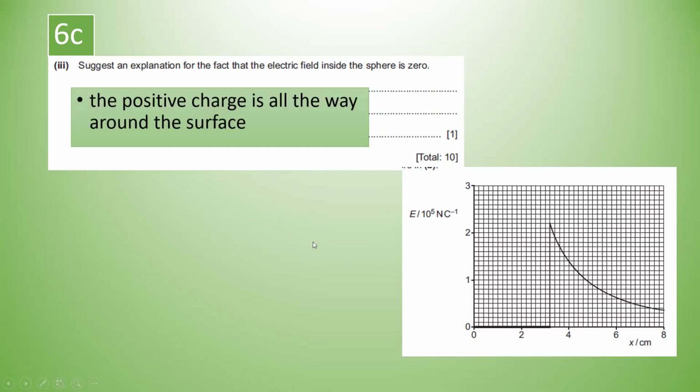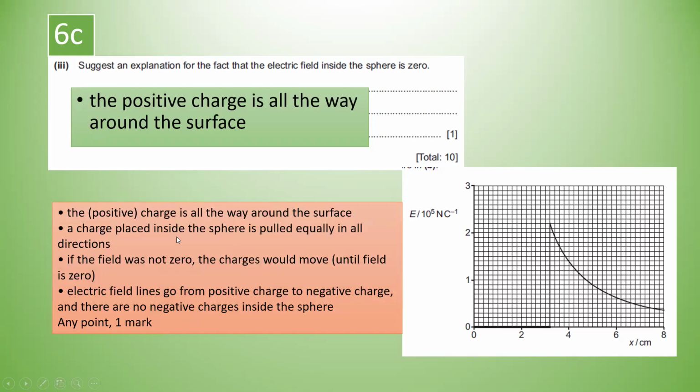Positive charge is all the way around the sphere. Right? It's on the surface of the sphere. These are other alternative answers. Charge placed inside the sphere is pulled equally in all directions. If the field was not 0, the charges will move until the field is 0. Field lines go from positive to negative charge, and there are no negative charges inside the sphere. Okay, these are various alternative answers.